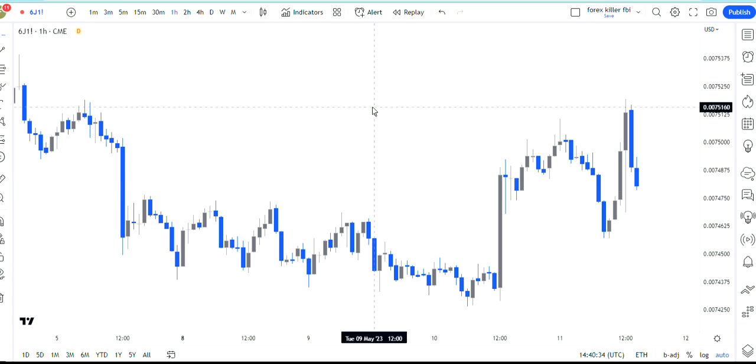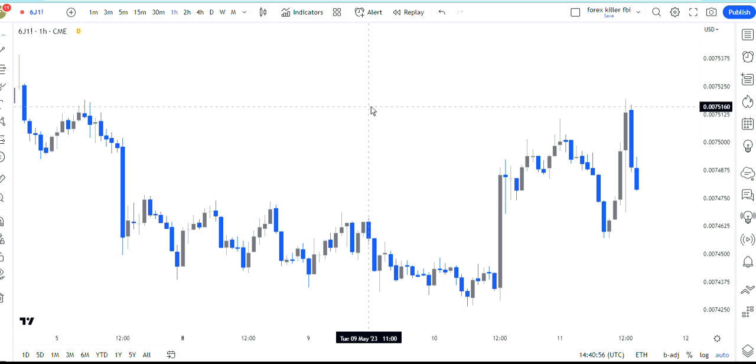That is what we call the Japanese future. So if you understand this condition, you will first analyze the Japanese yen index before going on to the Japanese pairs.